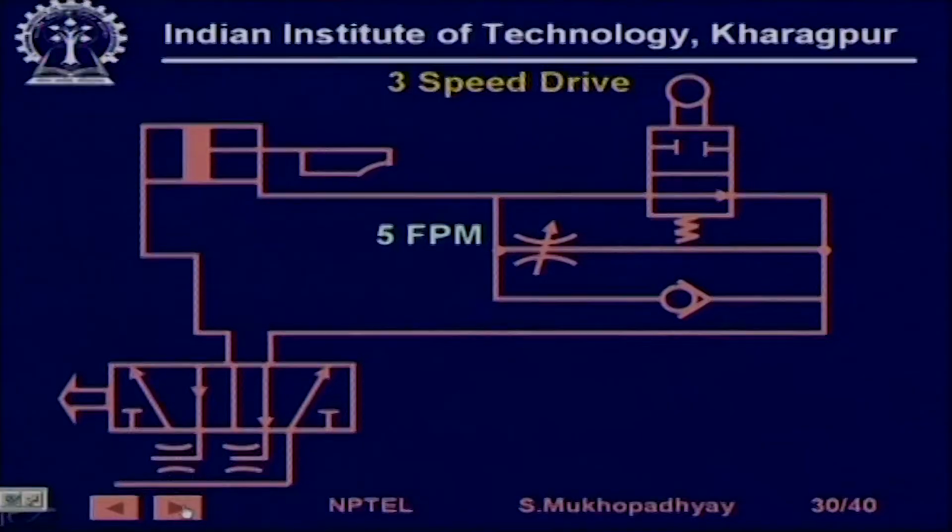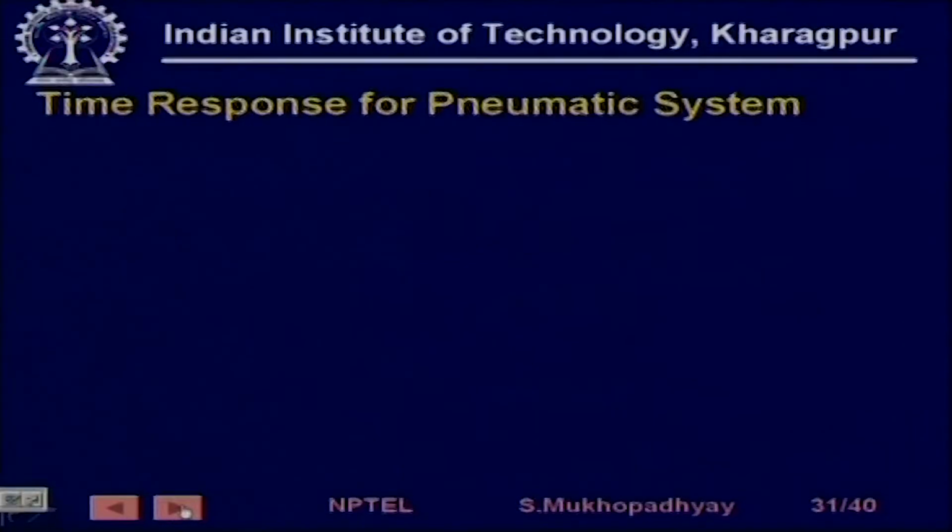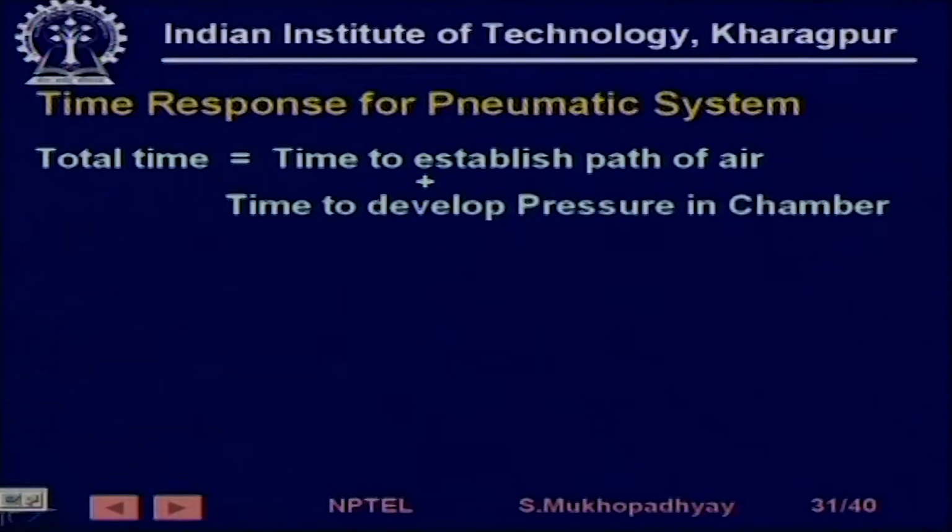As we have seen, one of the main drawbacks of pneumatic systems is that their time responses are slow, and this basically happens because time is required to establish the path of air. Air must flow into the final chamber and then time is needed to develop pressure in the chamber. So, from the air source to the chamber, the air path must be established and then pressure in the chamber must develop before something will move.